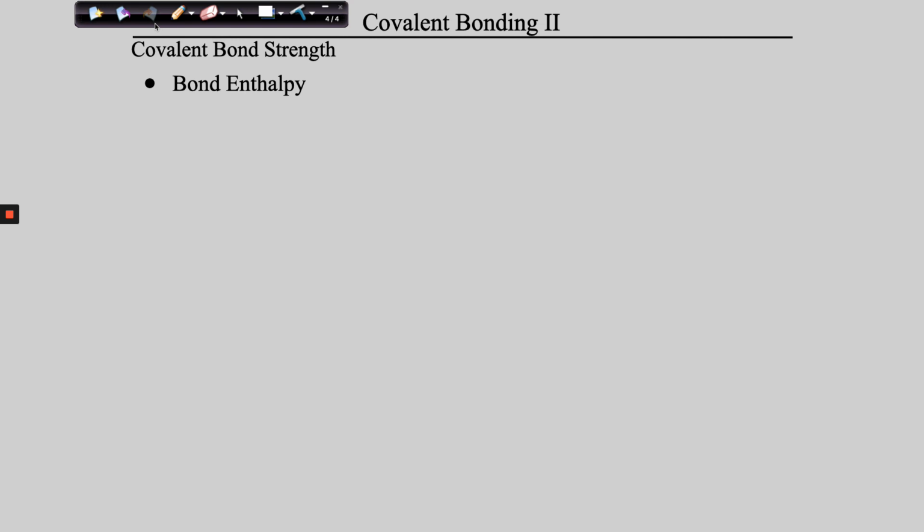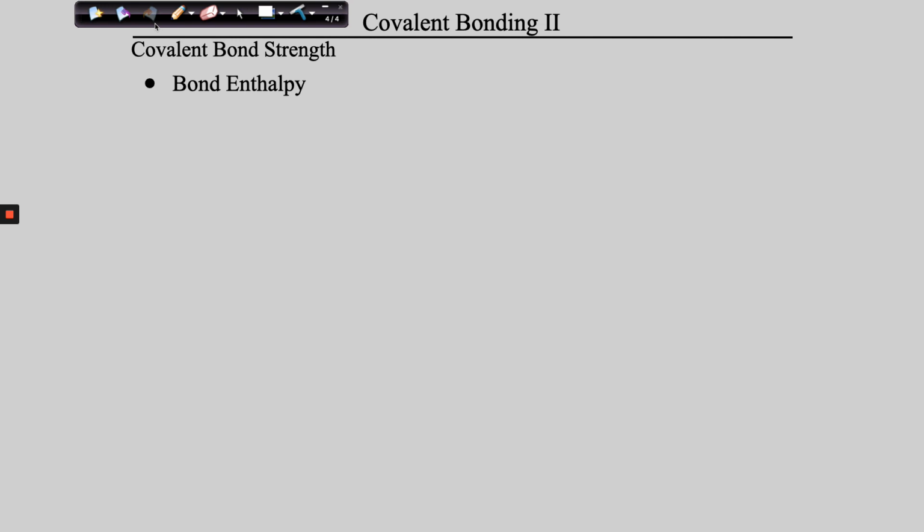So guys, first of all, bond is now self-explanatory, but what do we think of when we think about enthalpy? Heat, energy, endo and exothermic. Which is which? Is exo negative or positive? Negative. Positive is endo. So what we're talking about is heats or energies related to bonding.